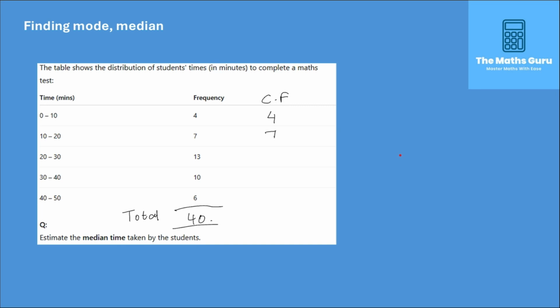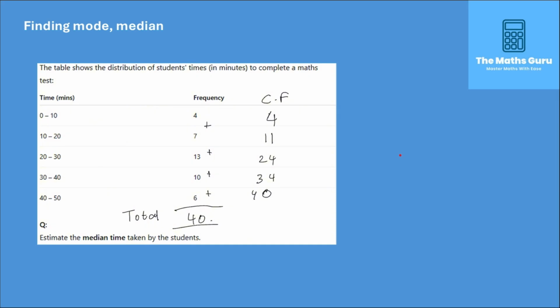So 4 plus 7 is equal to 11, because we add 7 to this. Then we add 13 to here, and we get our 24, plus our 10, we get 34, plus our 6, we get 40. And this is our cumulative frequency.